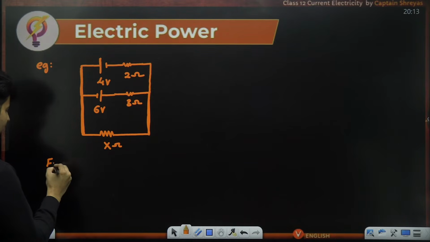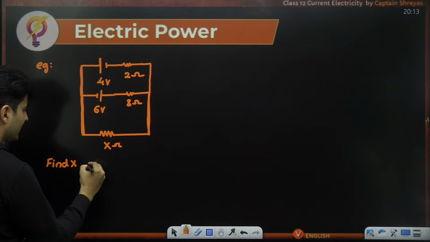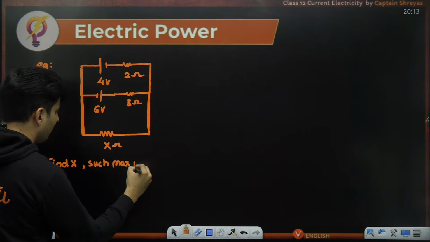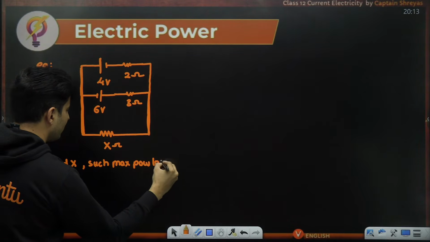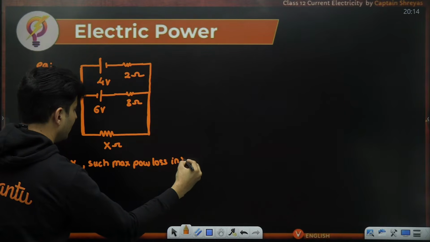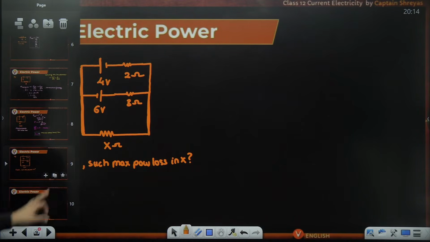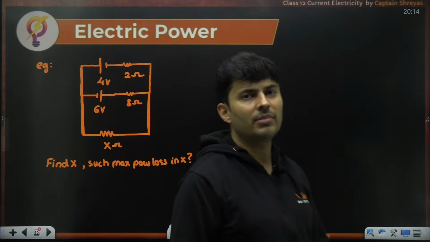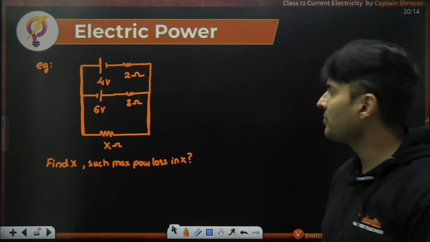Question is, find the value of x such that maximum power loss happens in that x resistance. Find the value of x so that maximum power loss is happening in that resistance.